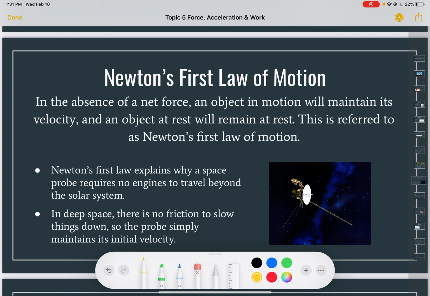In deep space, there's no friction to slow things down, so the probe simply maintains its initial velocity. So something can continue to move as long as it doesn't lose its energy, mostly to friction, which is normally why we come to a stop eventually.